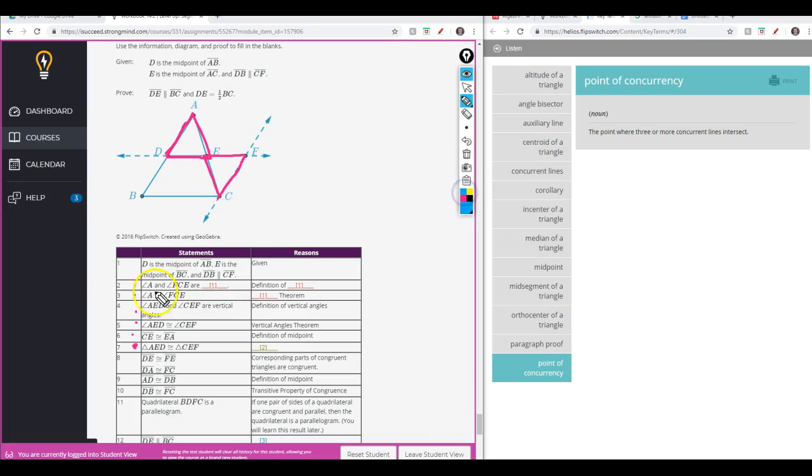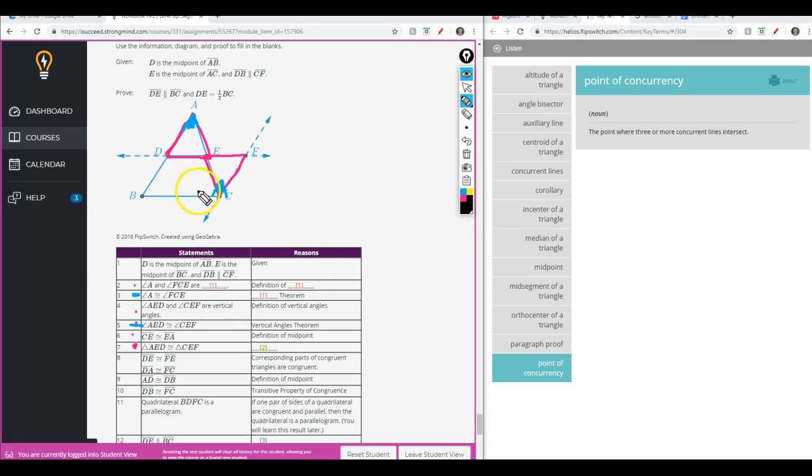So in the statements, first we have that angle A is congruent to angle FCE, which is this angle. So we have an angle and its corresponding angle so far. Then it's stating that angle AED is congruent to angle CEF right here.